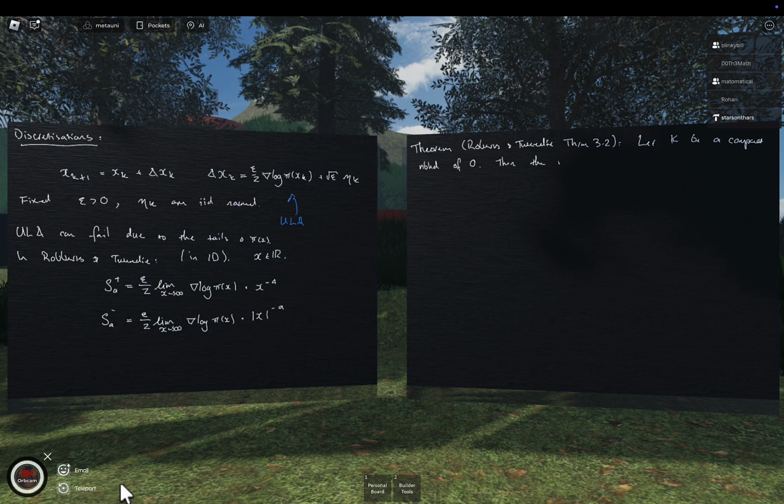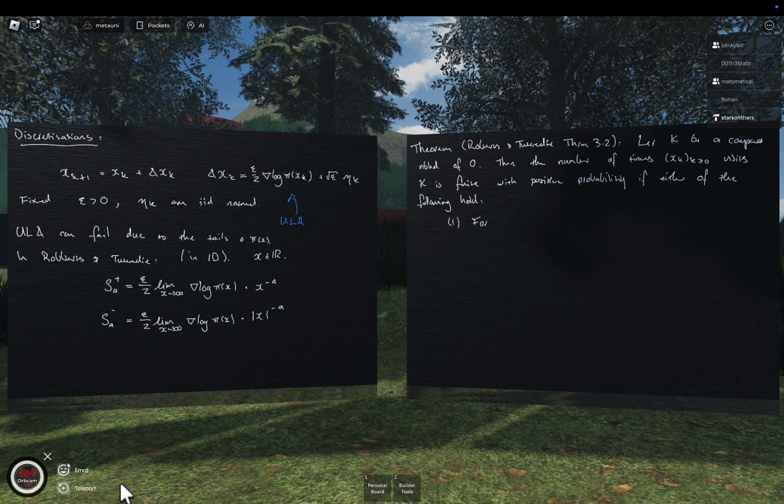Then the number of times that x_k visits K is finite with positive probability if either of the following conditions hold.